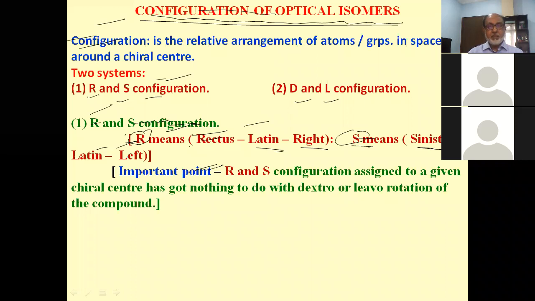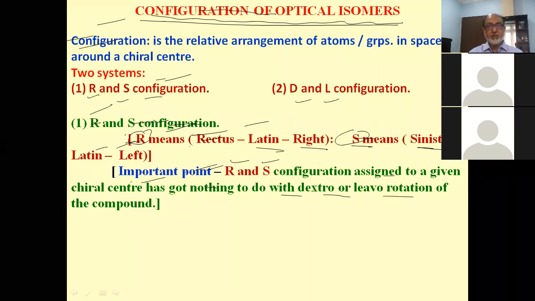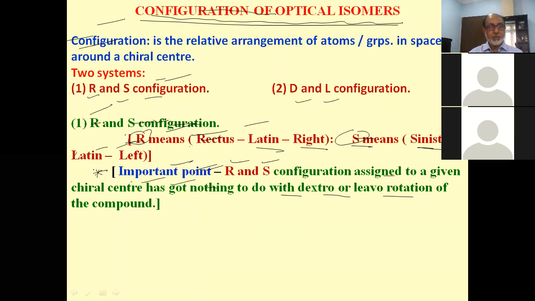But one thing you should remember: the R and S configuration assigned to a given chiral center has got nothing to do with the dextro or levo rotation of the compound. You should be clear. Suppose a molecule has R configuration. Is it always going to be dextrorotatory?